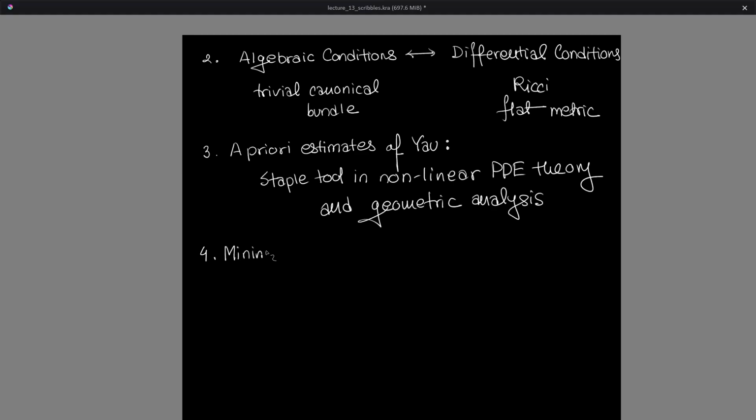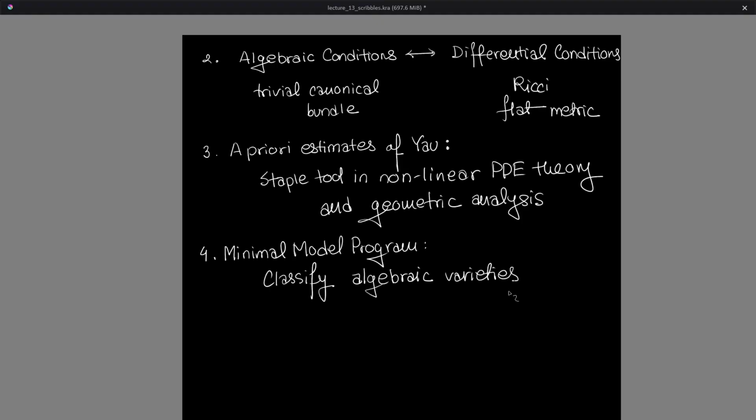This is called the minimal model program. It's this interesting research project where they are trying to classify algebraic varieties. We came upon algebraic varieties once before. For our purposes, algebraic varieties are manifolds that are described by polynomial equations exactly.